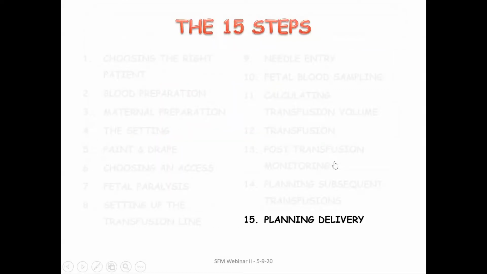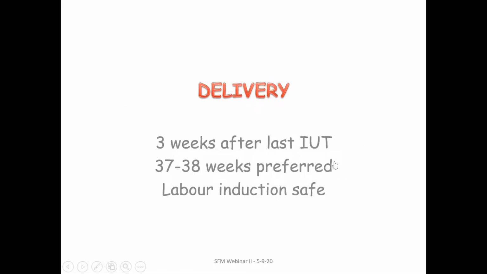Now, the last thing to know of the 15 steps is, once you've done the transfusion and corrected the fetal anemia, how and when do you plan delivery? Our protocol is generally to time the delivery of this mother 3 weeks after the last intrauterine transfusion.